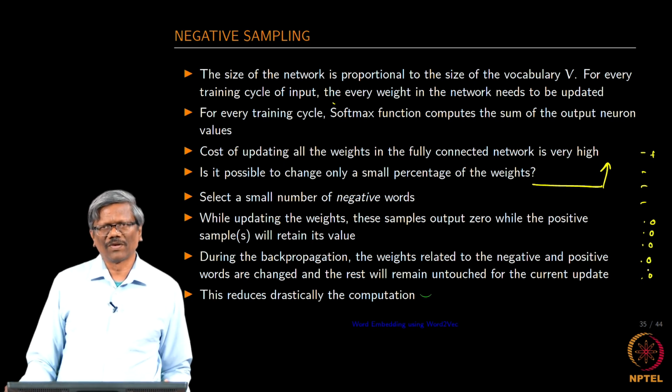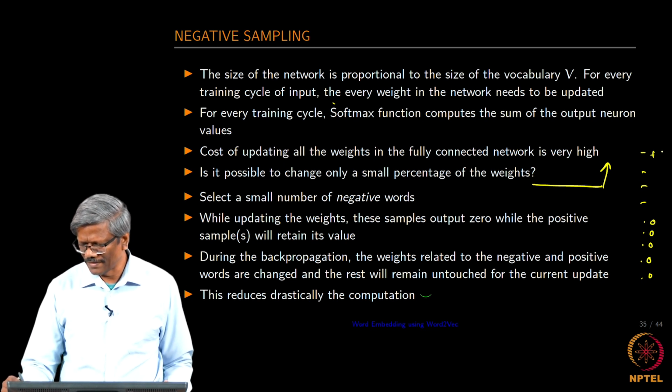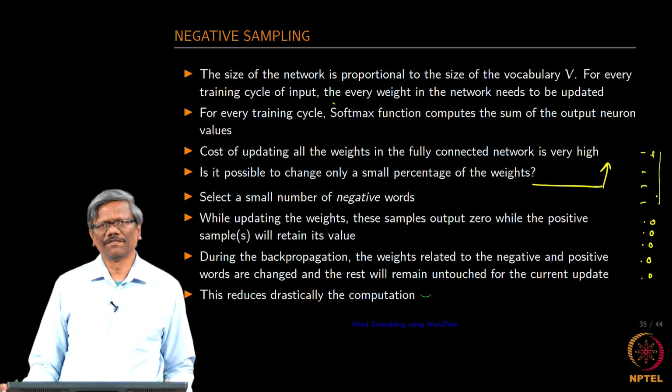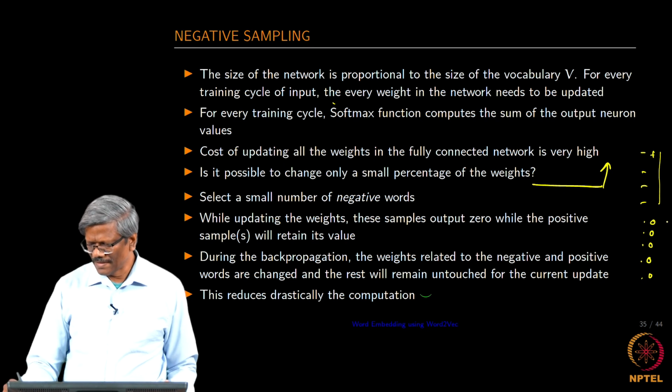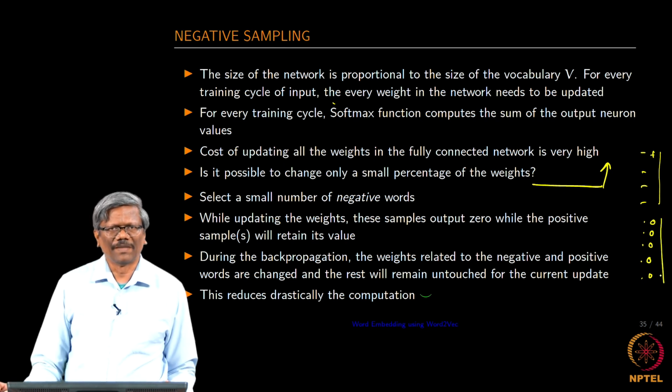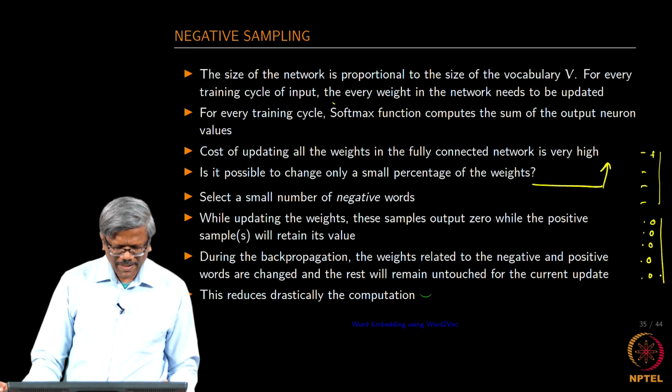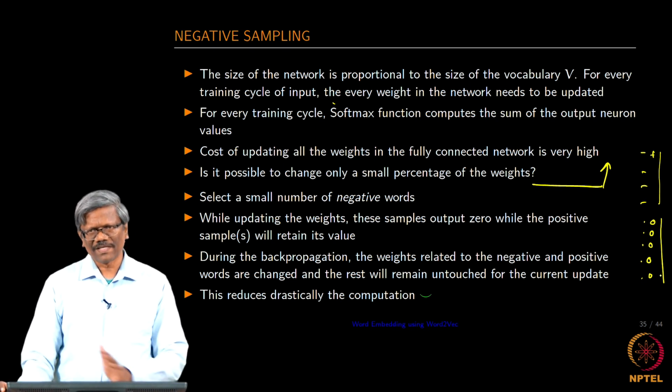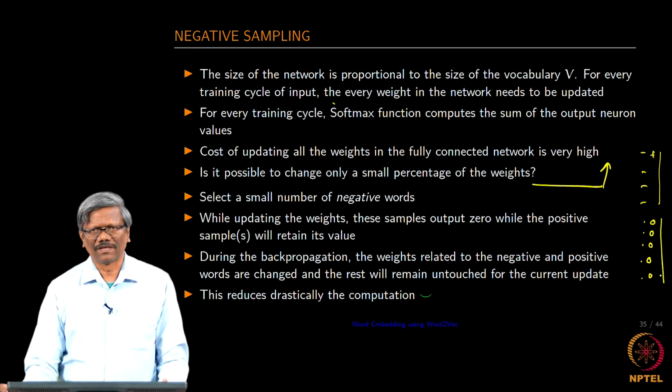The number of operations that you are going to be performing is only on these positive values and the negative samples, right. So when you do that, we reduce the computation drastically.